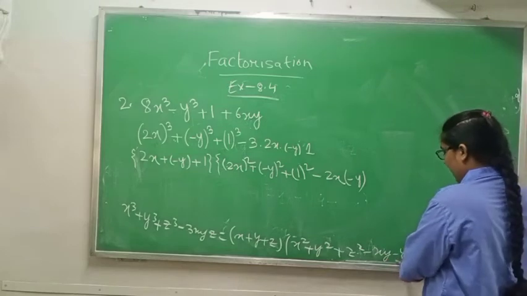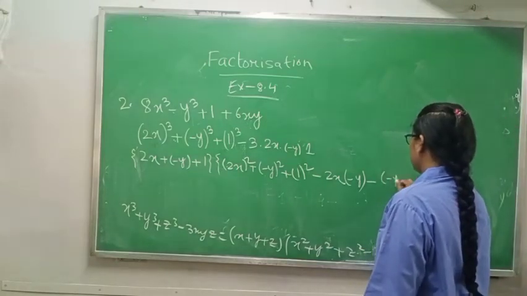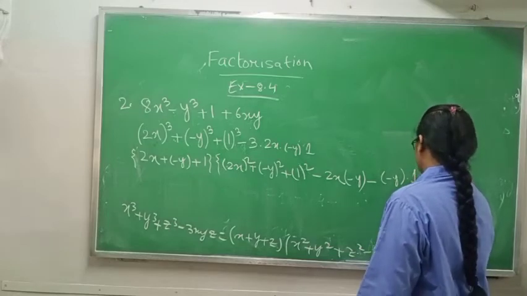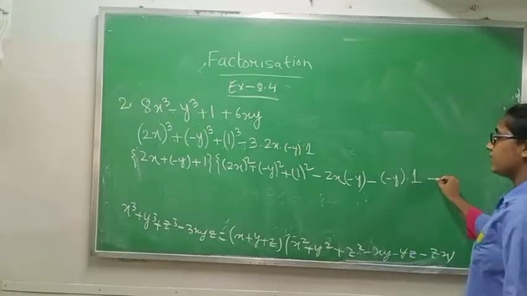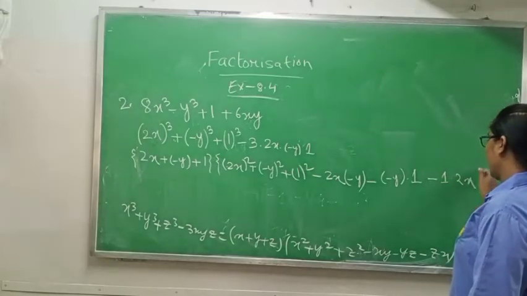Then you have minus yz, y is minus y, z is 1, minus z is 1 and x is 2x.